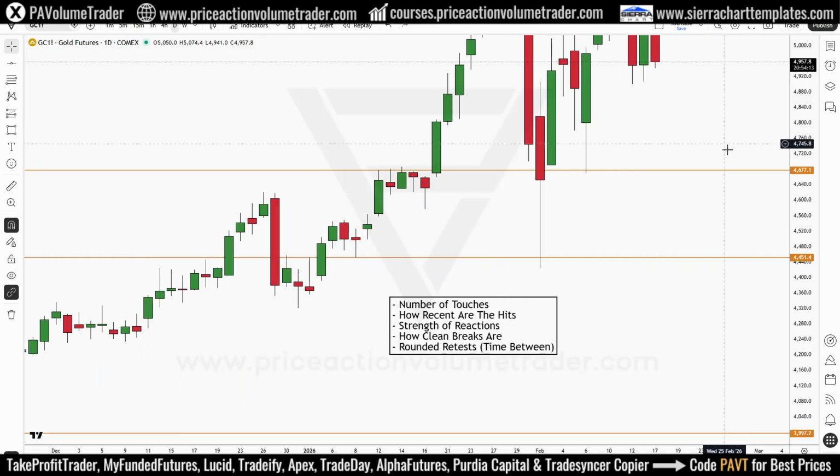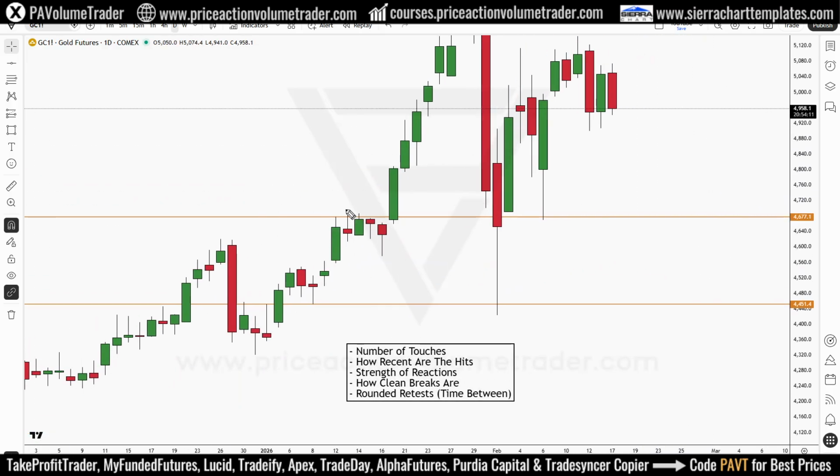So if I zoom in, I basically caught most of the precise touches from this consolidation before we had the clean breakout. And then here, we did trade through that level, but you can see last week we back tested it and respected it very, very well.